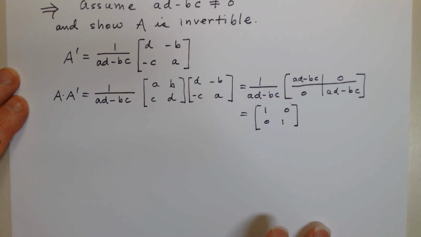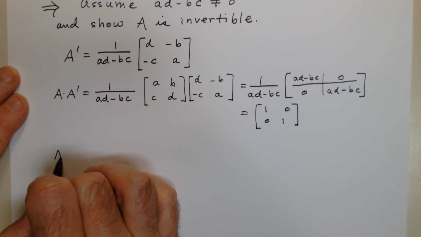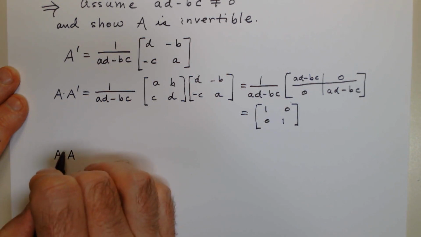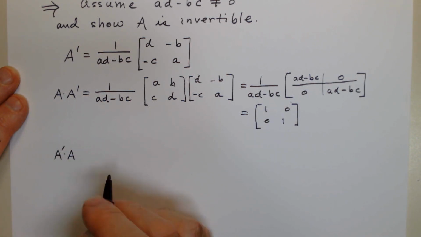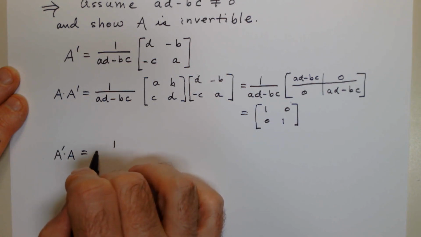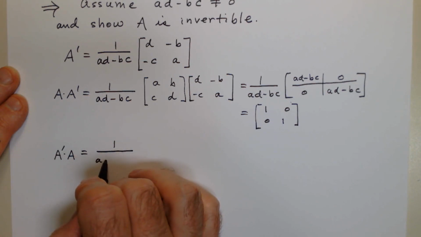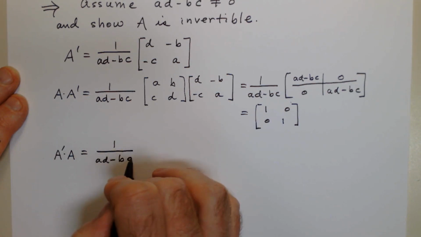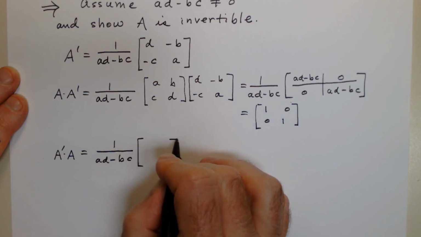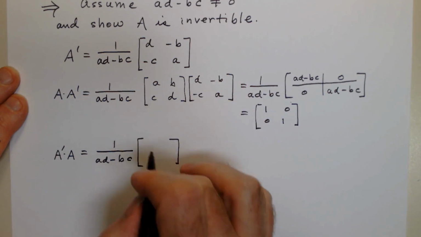Now let's check the other direction. We'll put A prime on the left this time. And again, I can bring that scaling out in front. And now I'm going to write them with this matrix first.